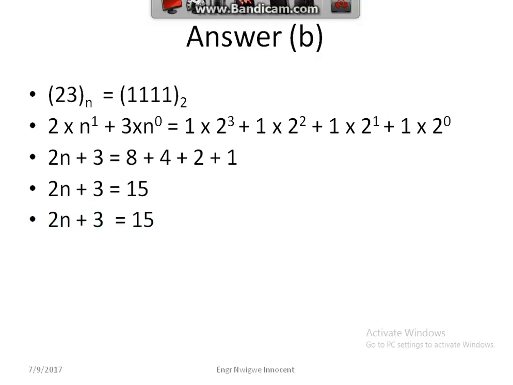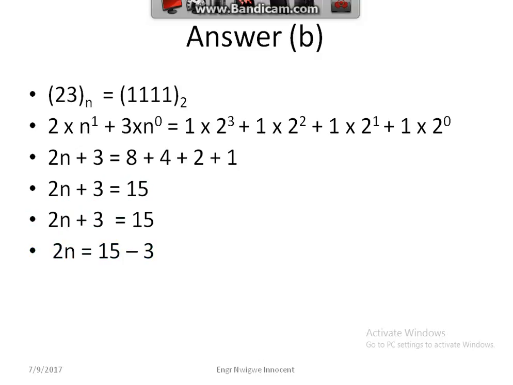Then we collect like terms together. When we collect like terms, the figures will be at one side and the unknown at the other side.